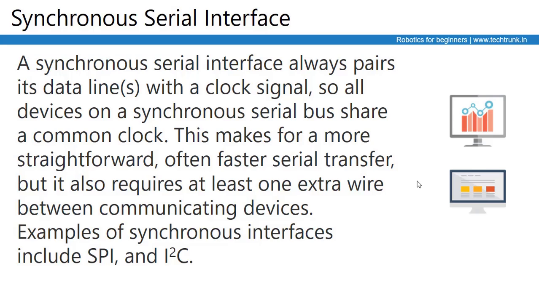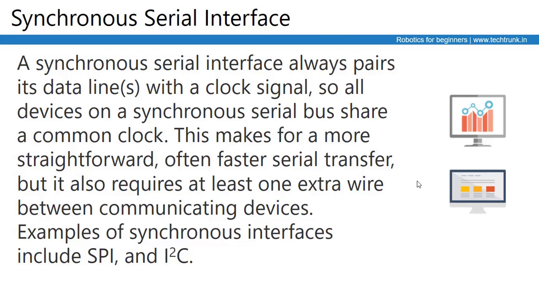For example, if device A is communicating with device B and both of them have different inbuilt clock speeds, then they can share a common clock using one more extra wire. So a synchronous serial interface adds one extra wire, one extra cable for communication, which is used for sharing the common clock.